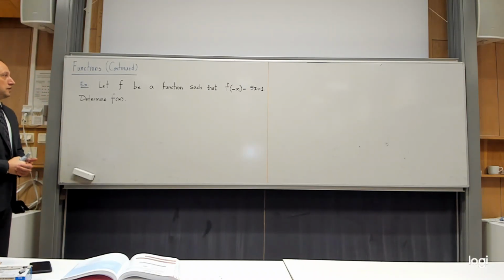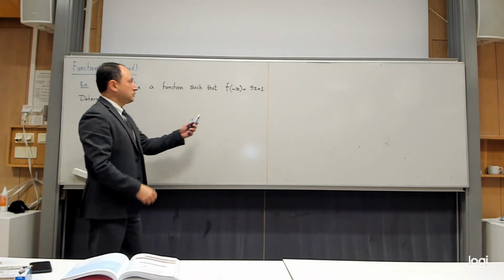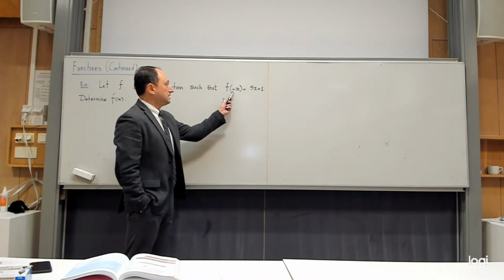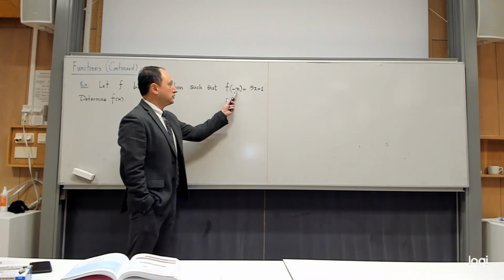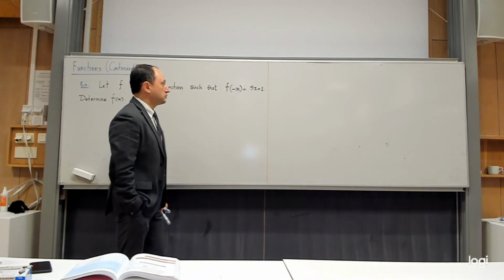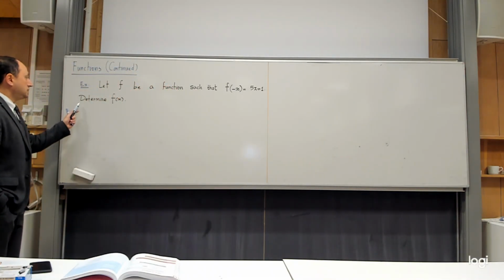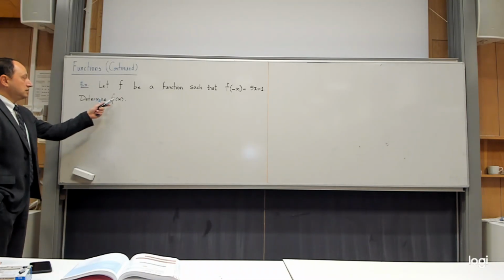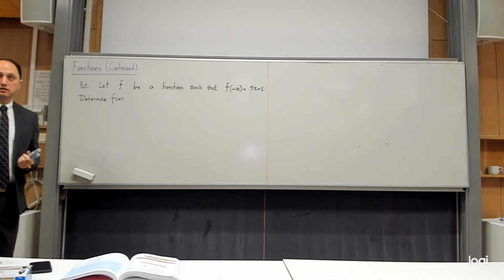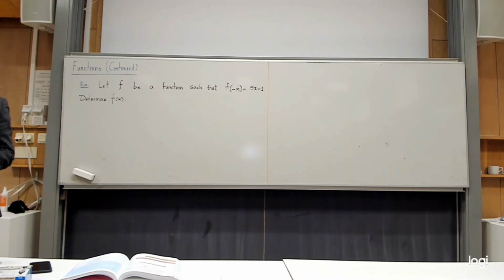So I know a function f, when applied on negative x as the input, gives you 5 times x plus 1. Now I want to see that if the same f acts on x, what will be the result? Okay, so what is the result, do you think?